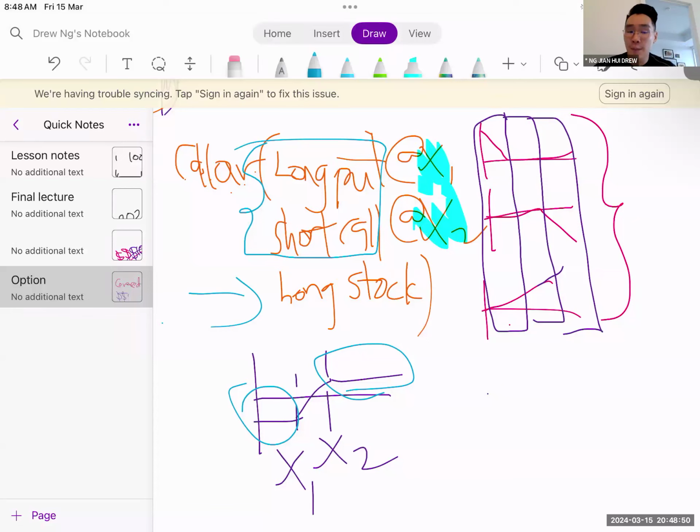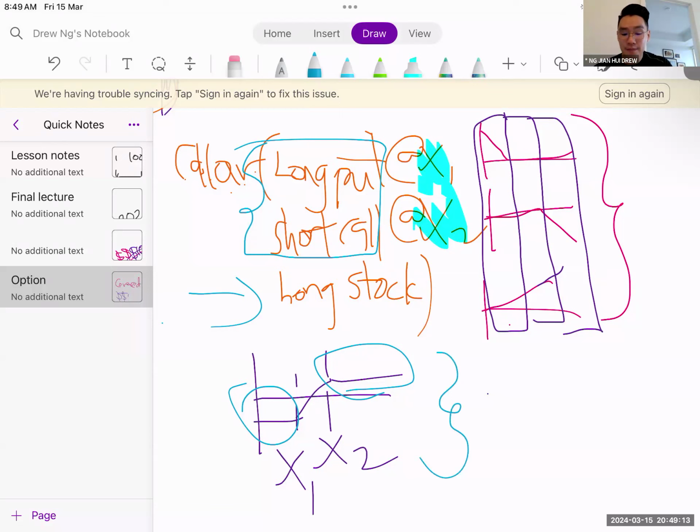Can you see that if you're a portfolio manager, you already own the stock, your clients own the stock. Now, your clients are afraid of fluctuation in the market, right? You can actually help your client manage the risk by shorting a call and longing a put at different strike prices to get something like this.